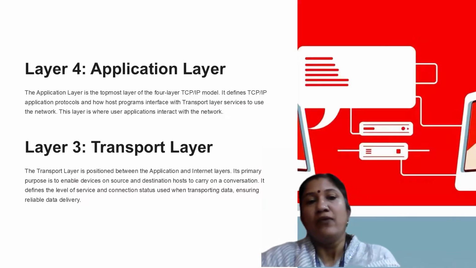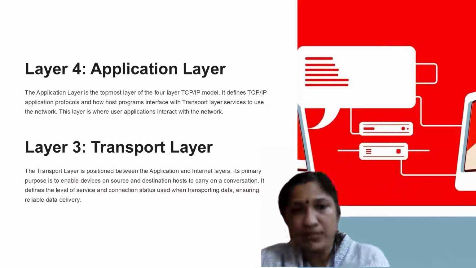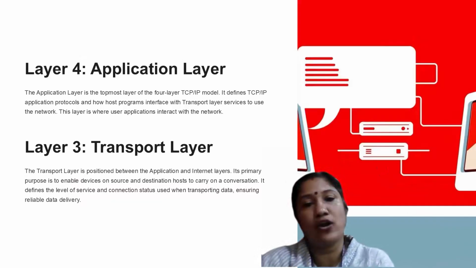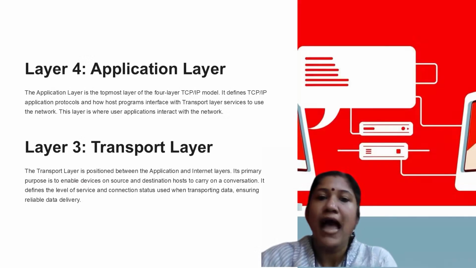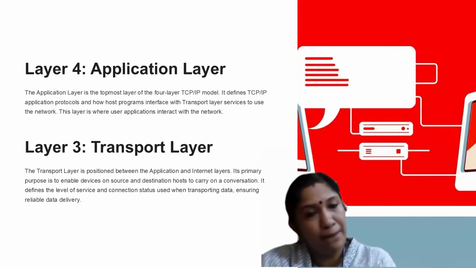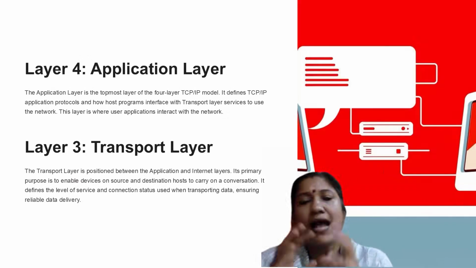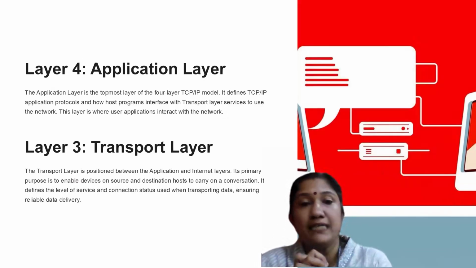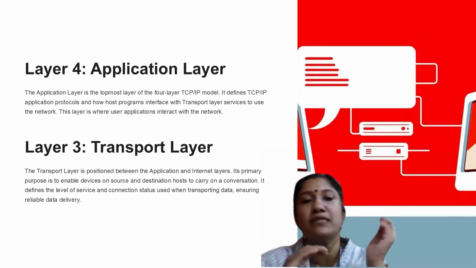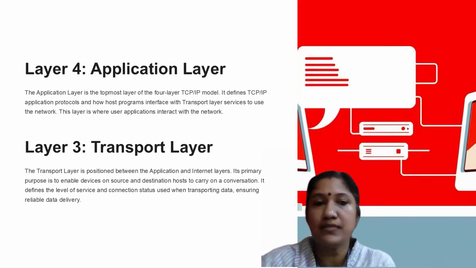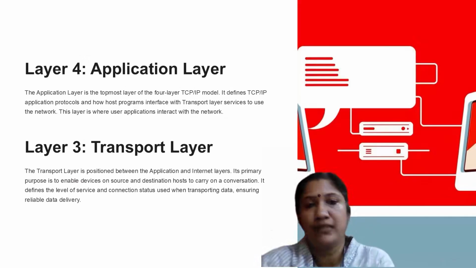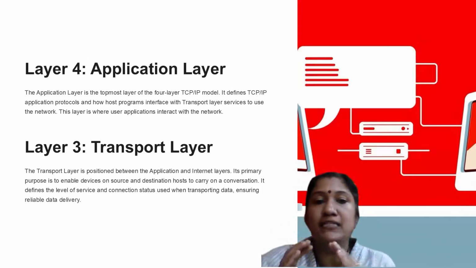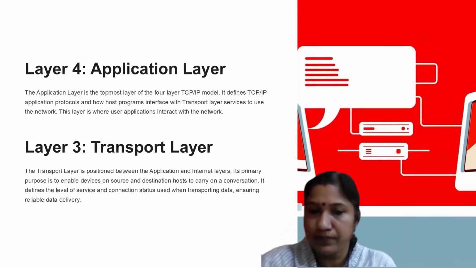First, we discuss the topmost layer, the 4th layer, known as the application layer. It defines TCP/IP application protocols, and its key responsibility is how host programs interface with the transport layer services to use the network. This layer is where user applications interact with the network.